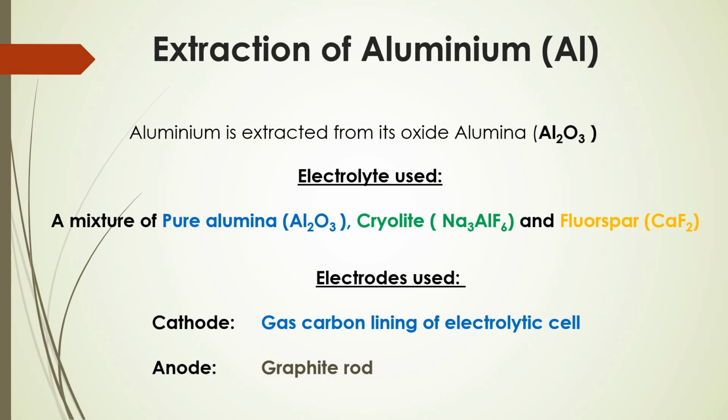About the extraction of aluminium we will learn in detail in our next chapter, but in this chapter we are going to know just the basic details of the extraction of aluminium, the electrolyte used, and the electrodes used. In much more detail we are going to study the extraction of aluminium in chapter number 7, metallurgy.